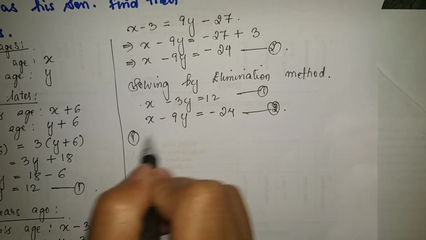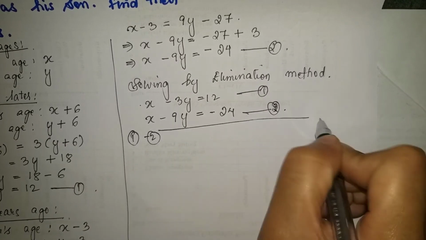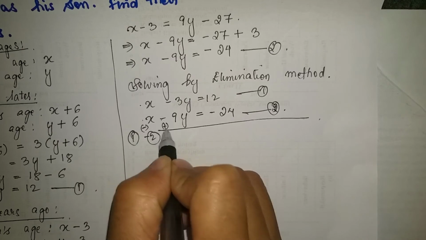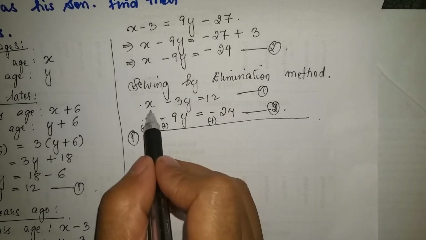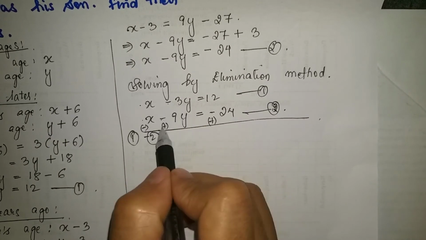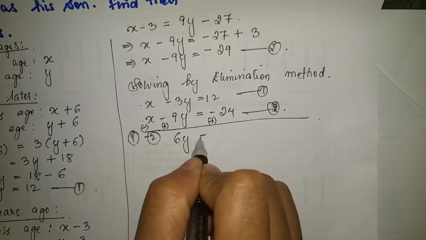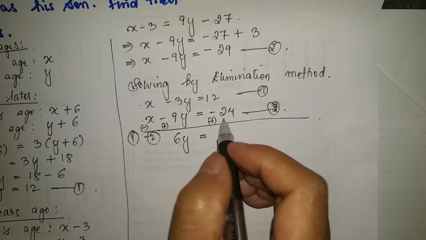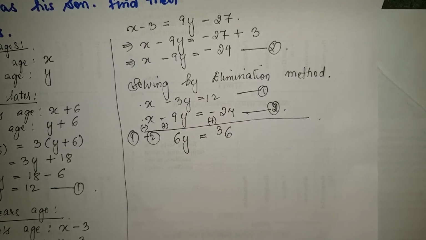So if I subtract equation 1 minus 2, what do I have? Plus will be minus and minus will be plus. So x minus x is 0, minus 3y plus 9y is 6y, and equal to 12 plus 24, which is 36.